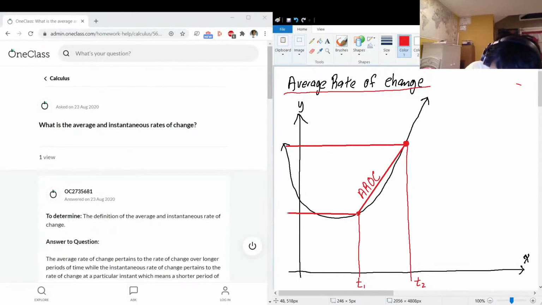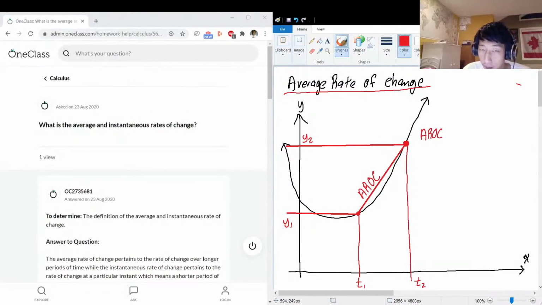So that could be y1, y2. Okay, so if we wanted to find the AROC, we know the AROC is the slope of that little line segment. Line segment, that's a keyword.